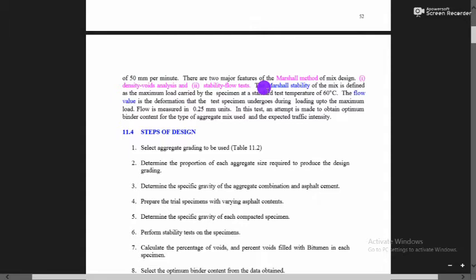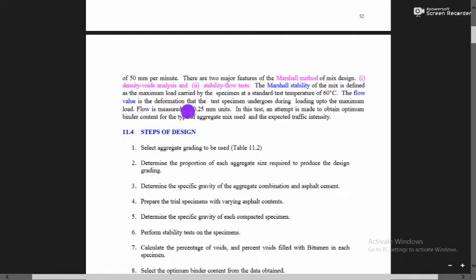The Marshall stability of the mix is defined as the maximum load carried by the specimen at the standard test temperature of 60 centigrade. The flow value is the deformation that the test specimen undergoes during the load up to the maximum load.